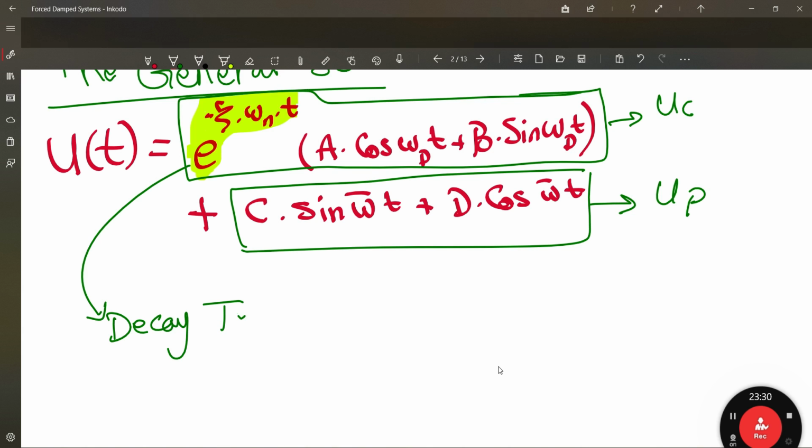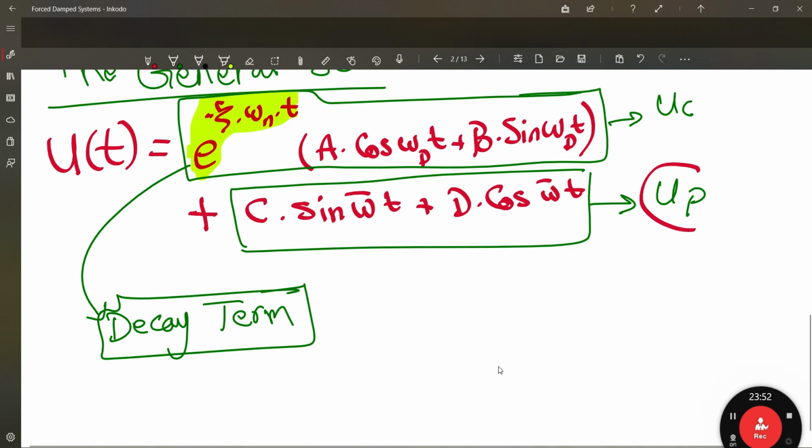It is the term responsible for decaying this part, which is related to A cosine omega d t plus B sine omega d t, because this part is going to vanish at the end.